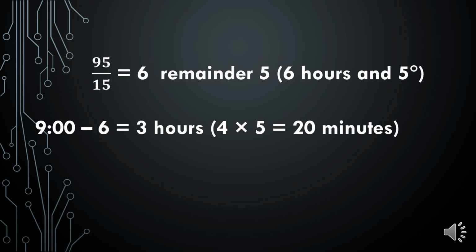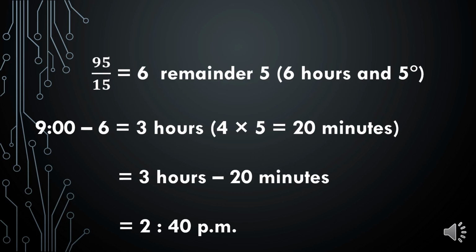So now 5 degrees is equal to 20 minutes. Because we are subtracting, we are going to now further take away our 20 minutes from our 3 hours, which is technically 3 o'clock. When we go back 20 minutes earlier, our time will be 2:40 p.m.